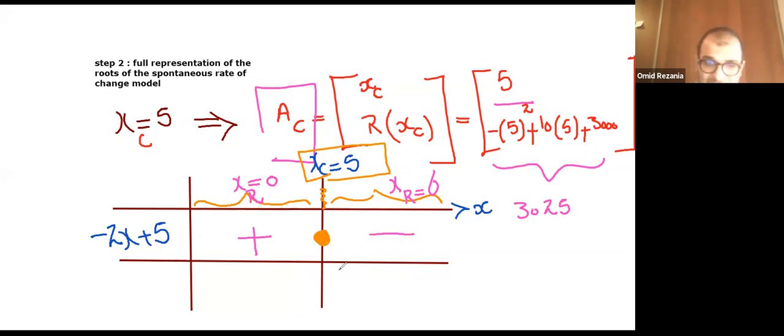Then you see what happens. Based on the variations of the sign here, for example, this is positive. It means that, let's say, you are right now happy. And here, this is negative.